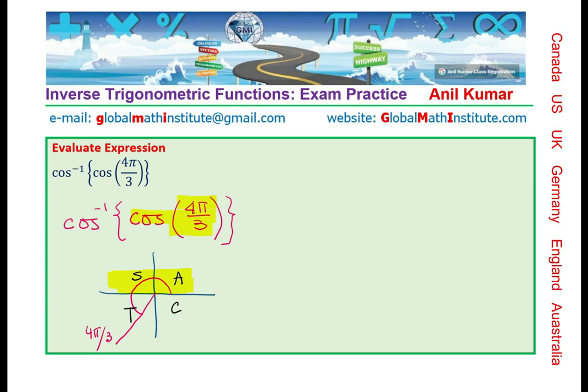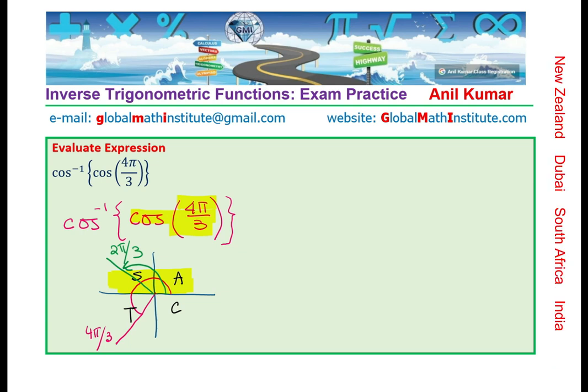So we'll try to rewrite this in quadrant 2, which you can see is actually 2 pi by 3. If you visualize this, you have the answer. But the challenge sometimes is how do we write this as cos of 2 pi by 3?